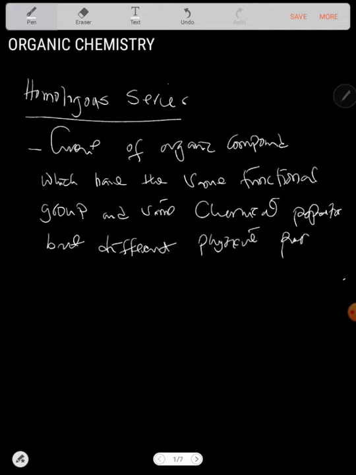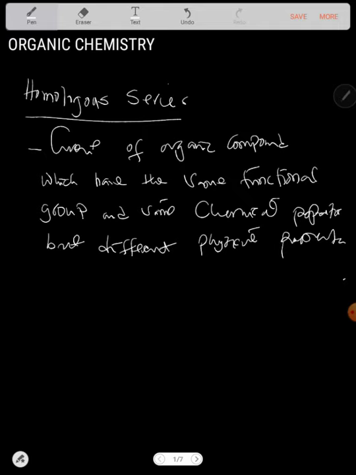So these are what we call homologous series. They belong to the same functional group, but they have different physical properties and the chemical properties are the same.